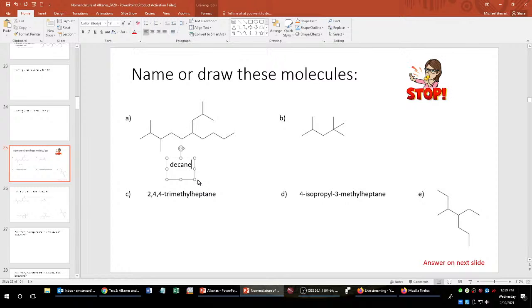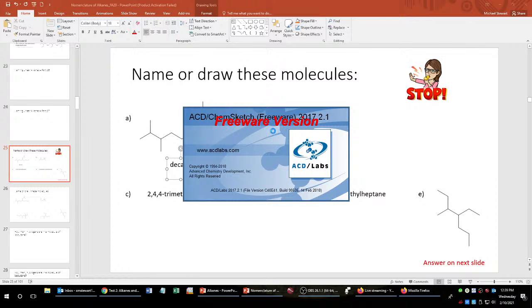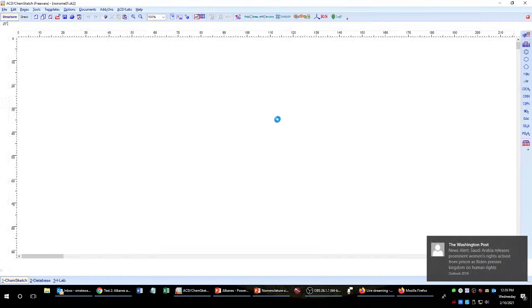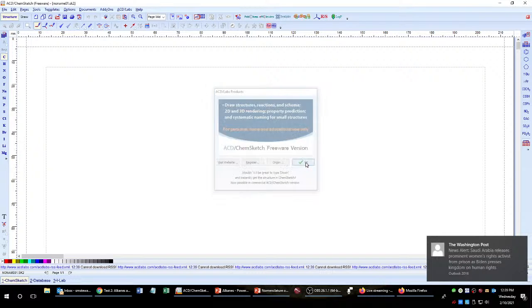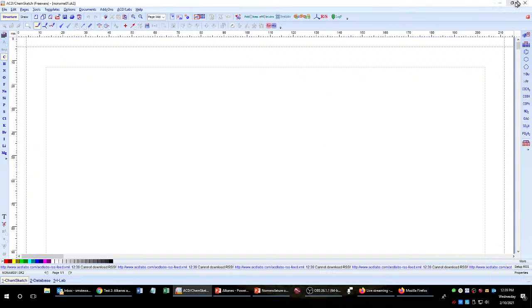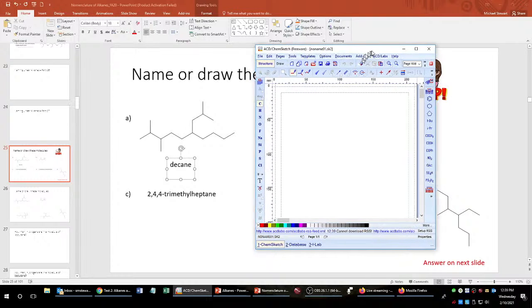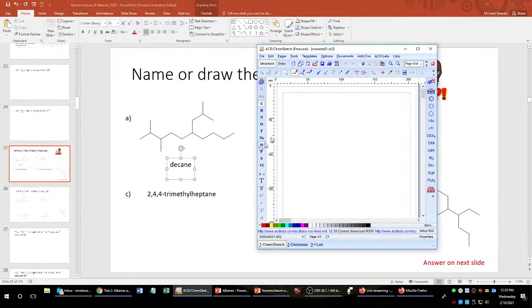So question C, 2,4-trimethylheptane. To draw that one, we'll start right to left. We have heptane.